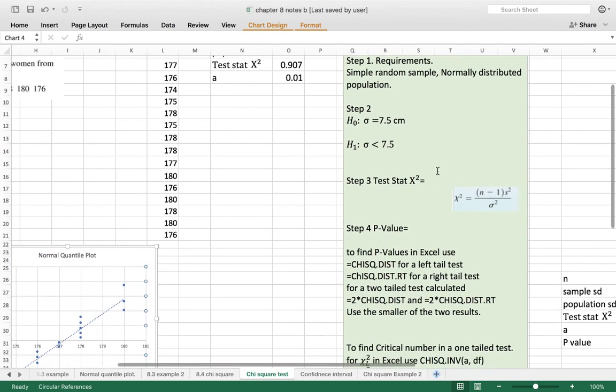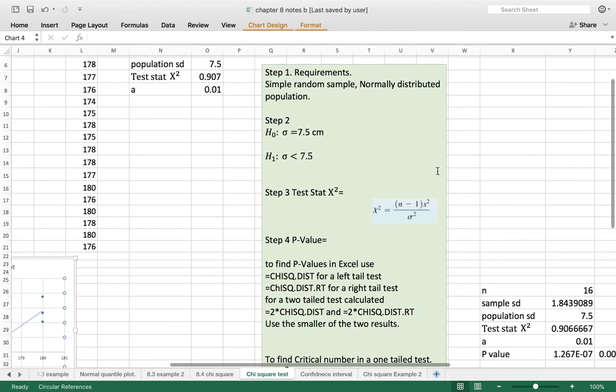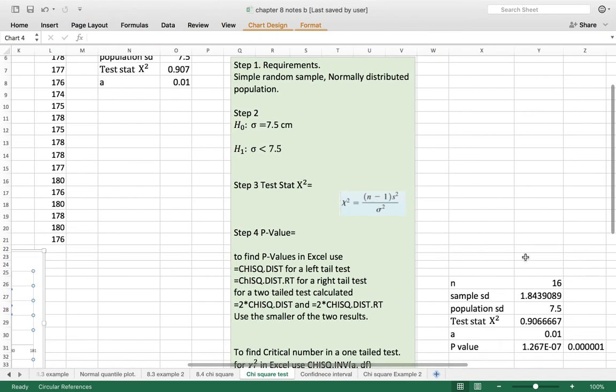Okay, so we need to create a test statistic that'll be a chi-squared statistic. We have all our ingredients here, our sample size, our sample standard deviation, which came from Excel, our population standard deviation of 7.5, and we can use that in this formula right here to create our test statistic.